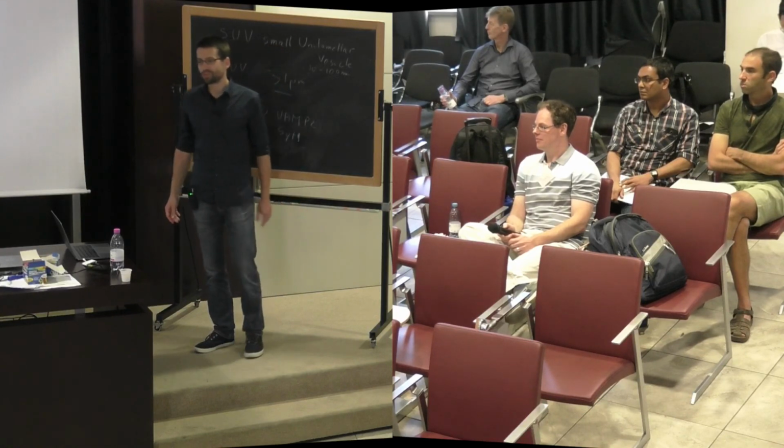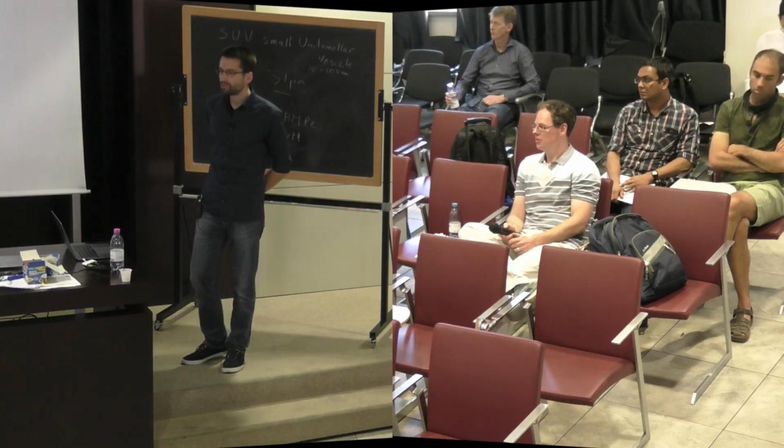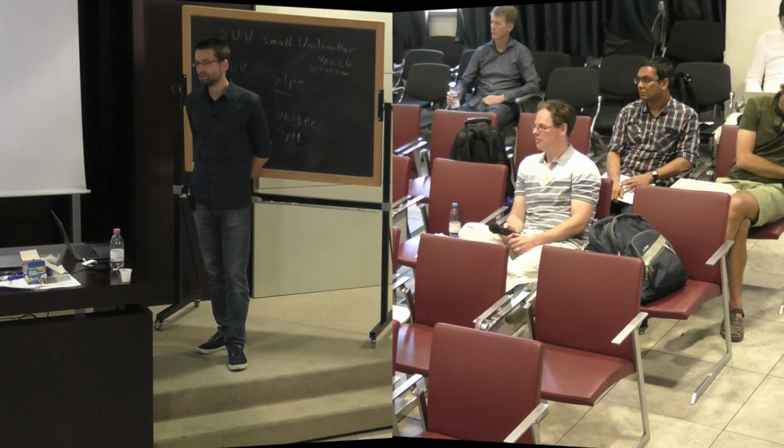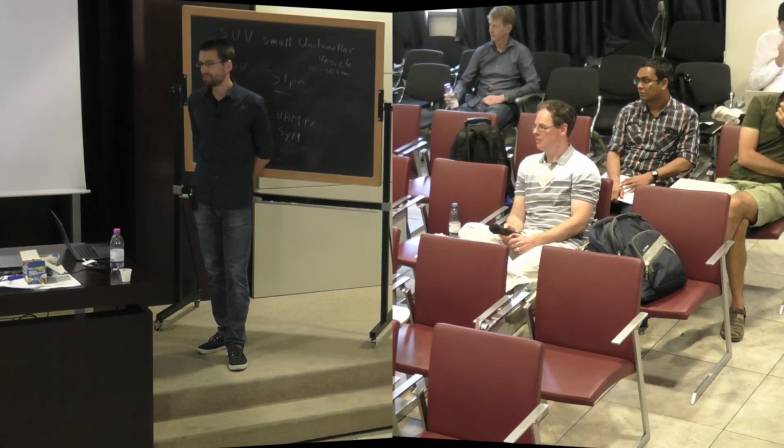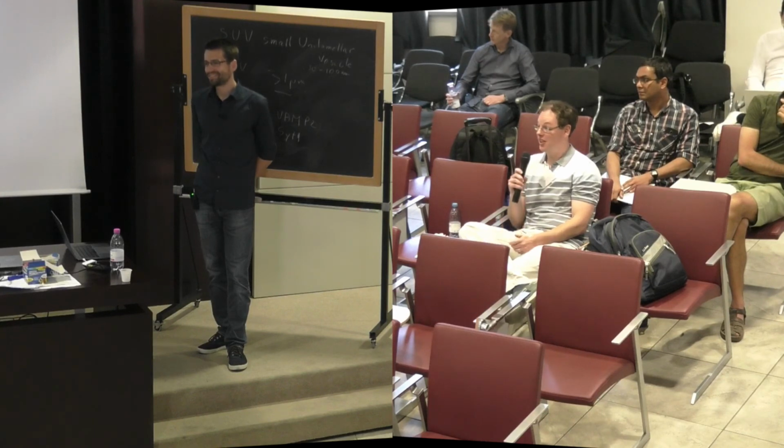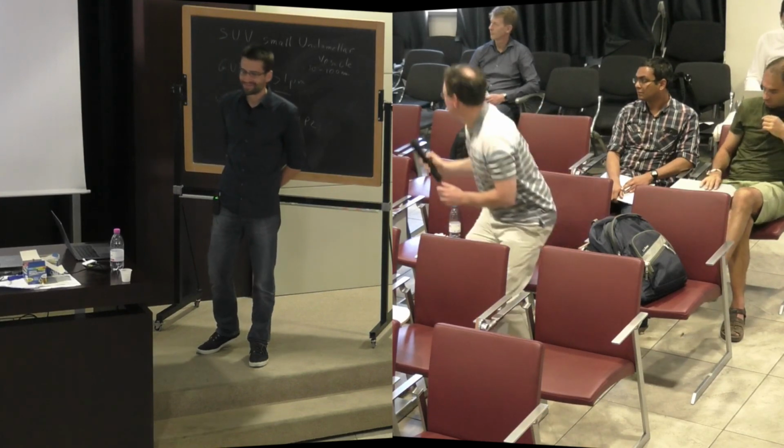So hopefully, with the more general formulation, we would also be able to get more intuitive results, or maybe even error estimates. But that's really future stuff. Great, thank you very much.